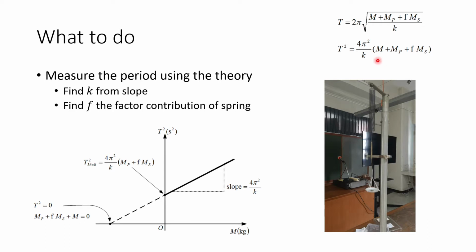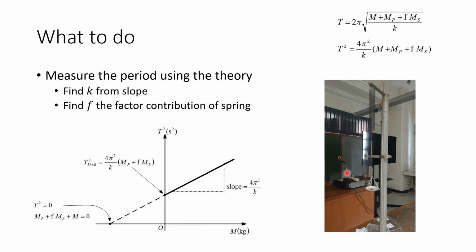The variable that you're going to be varying is m. You change the weight that's hung on here and then make a plot of T squared, which follows whatever mass you put on. You can find k from the slope of the relation between T squared and the mass, and then you can find f, the factor by which the spring mass contributes to the total mass.